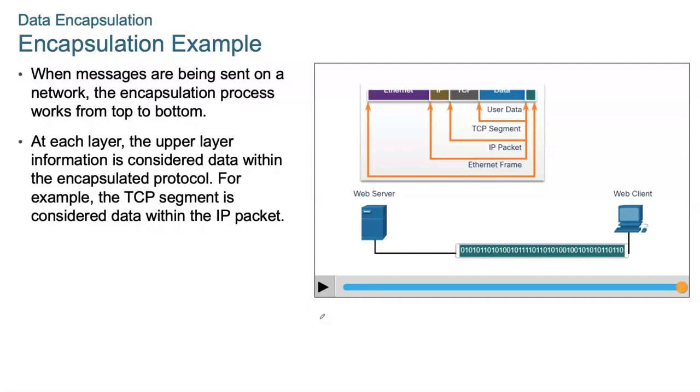If it belongs to them, they decapsulate it. If it does not belong to them, they forward it to the next. So that's the use of that. At each layer, the upper layer information is considered the data within the data encapsulation protocol.